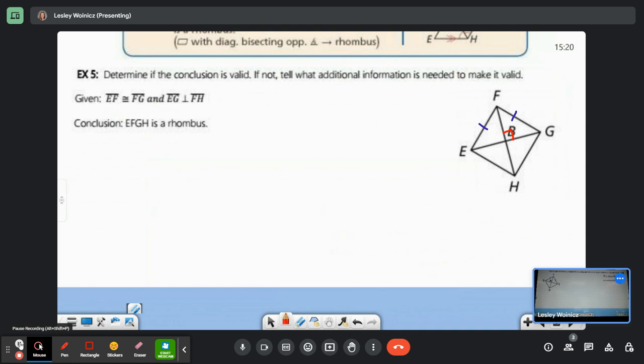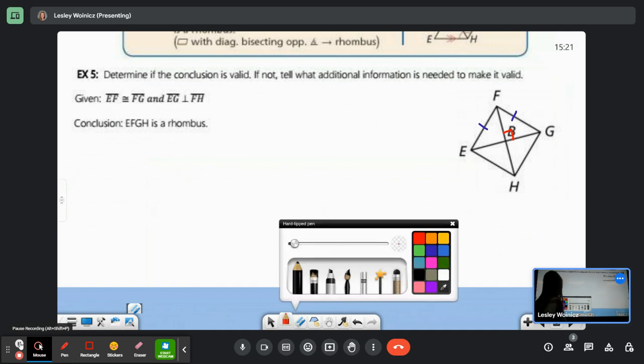I don't know the question. Okay, so one thing that is very helpful to me when I'm going through this is to ask myself, can I change this picture where the markings and the givens are still true, to find a counterexample? Because the way that they drew it sure makes it look like a rhombus, right? It looks like it should be true. But they do that to mess with you.